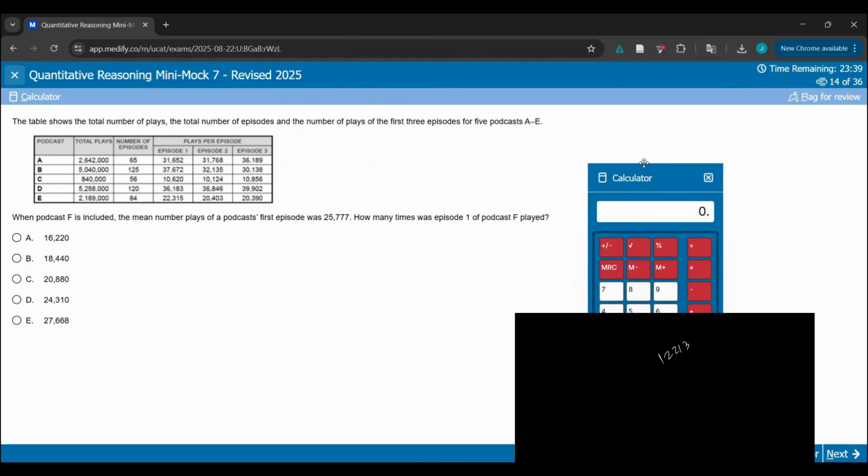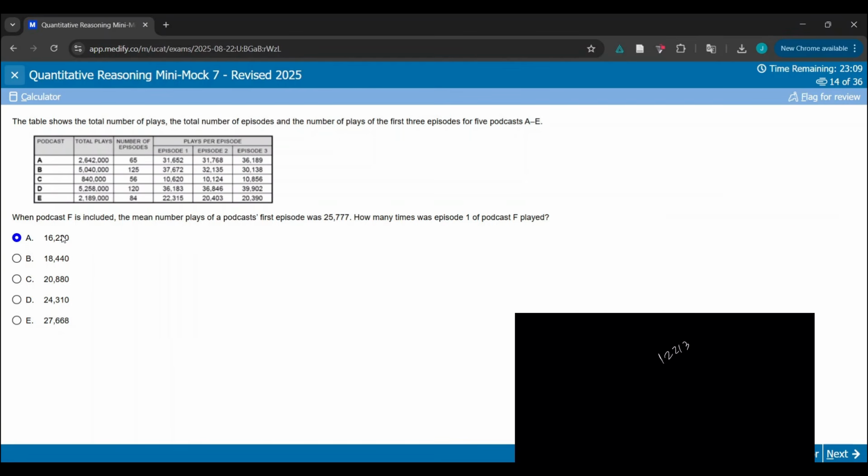When podcast F is included, the mean number of podcasts is 2777, times that by 5, times that by 6, and then subtract 31652. I put that in wrong, so minus 31652 minus 37672 minus 10620 minus 36183 minus 22315, so 16220.